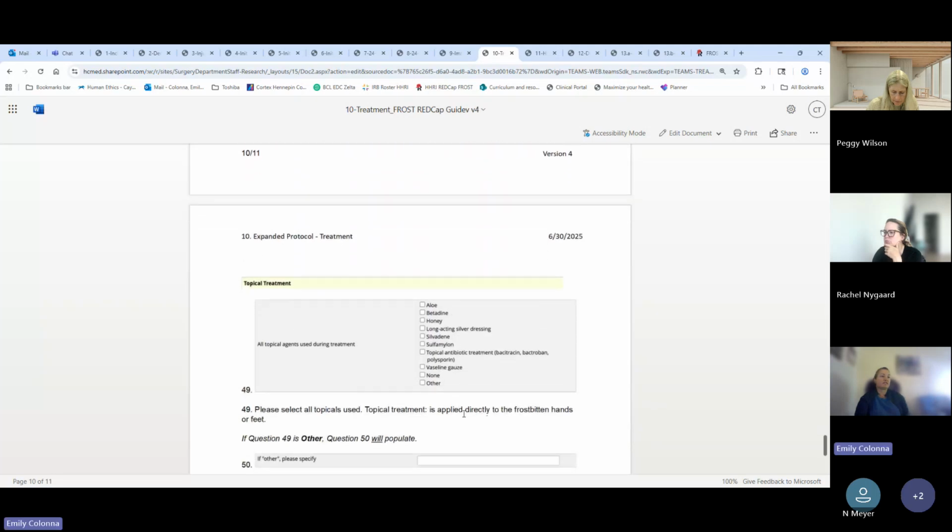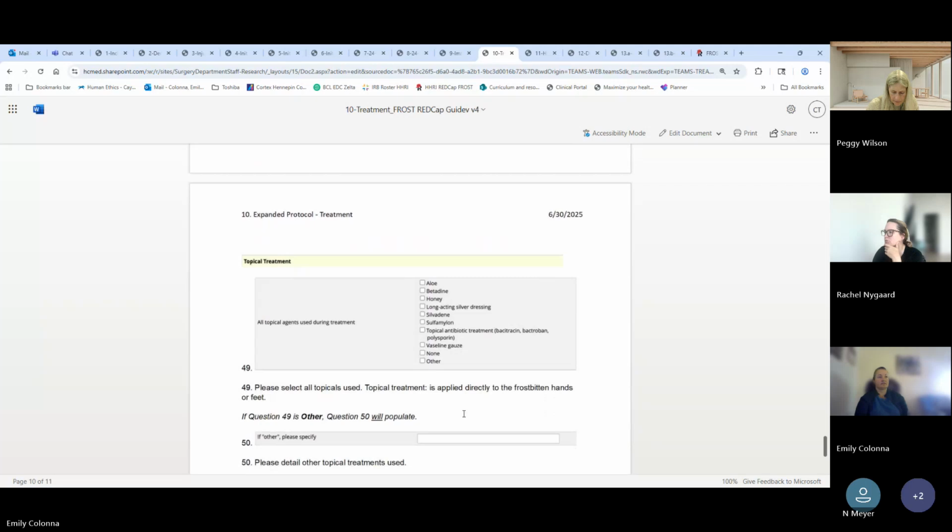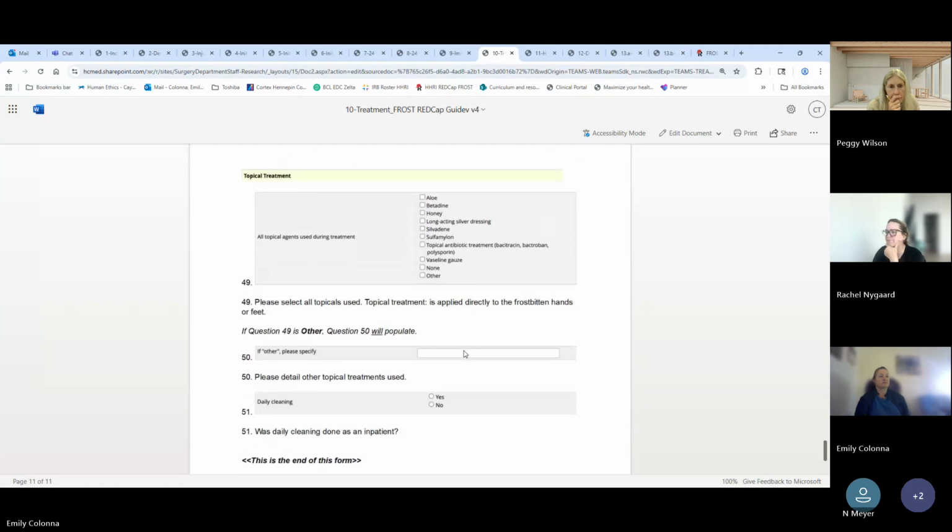What do you usually use? Usually Silvadene or Polysporin. And was daily cleaning done? It's really hard to get it out if you don't prepare.